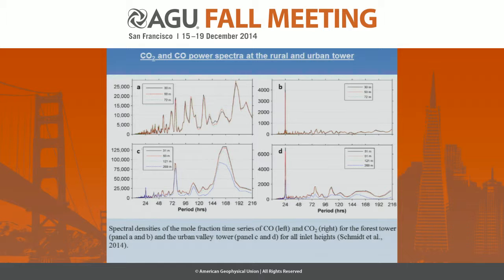Looking at panels A and C for carbon monoxide, we also have a 24-hour peak in that spectrum at the Silverton Tower, which cannot be found in the spectrum of the Walton Tower, the rural tower. So clearly the diurnal run of traffic shows in our data.